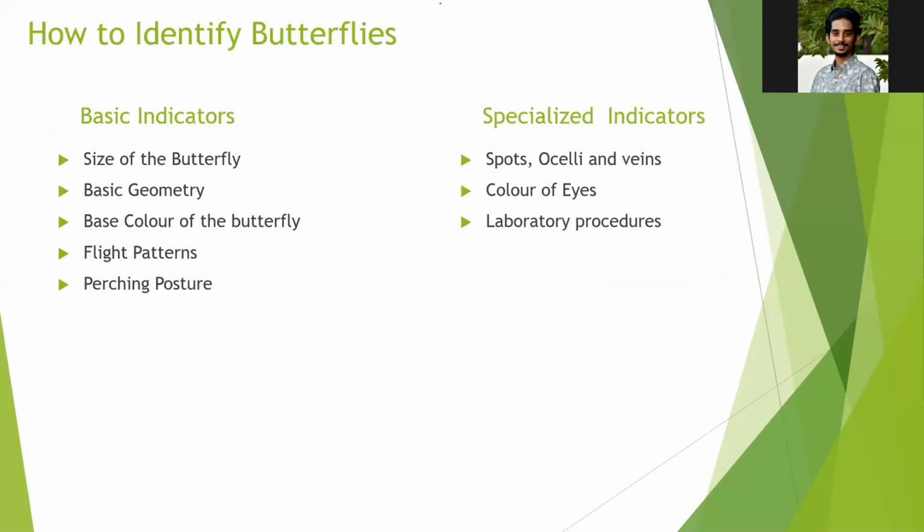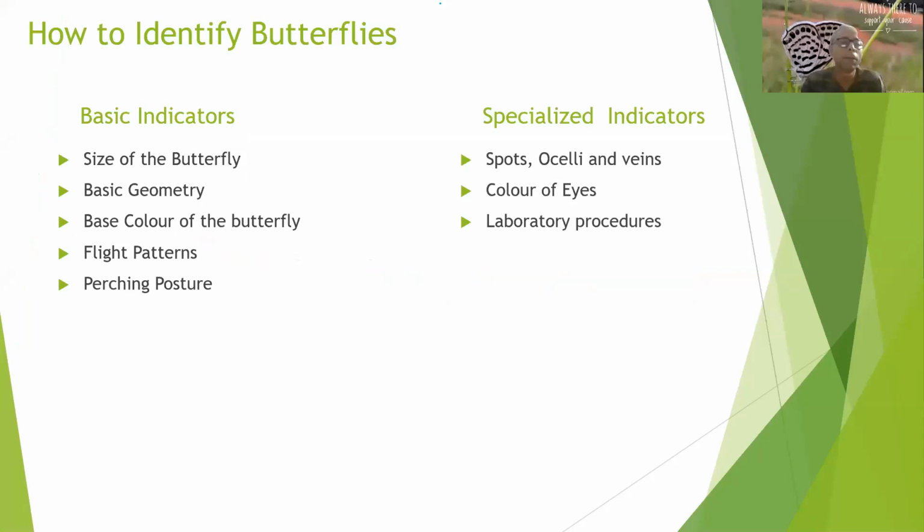Now, first of all, how do you identify butterflies? There are basic identification features and specialized identification features. The basic features include the size of the butterfly, the geometry, the base color, the flight pattern, and the perching posture.